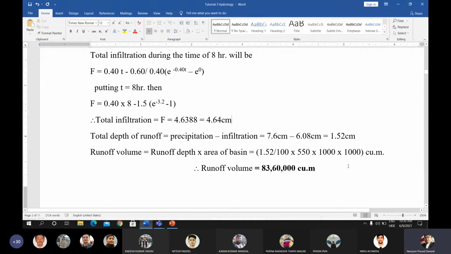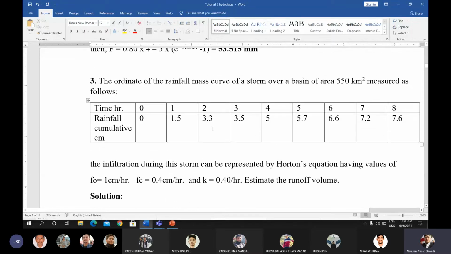Okay, this gives the value of 4.638 centimeter, which is approximately 4.64. Total depth of infiltration will be 4.64 centimeter. Now, depth of runoff. The total precipitation depth is 7.6 centimeter.